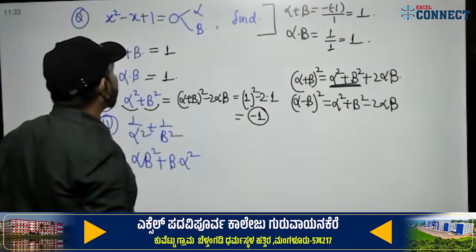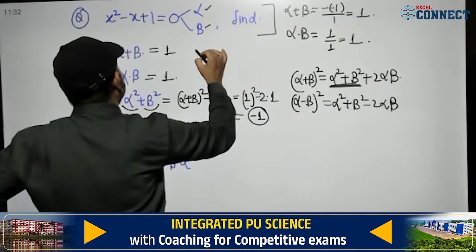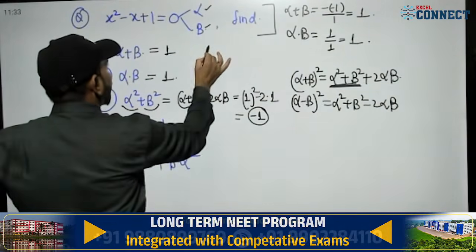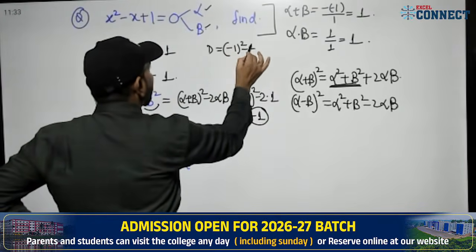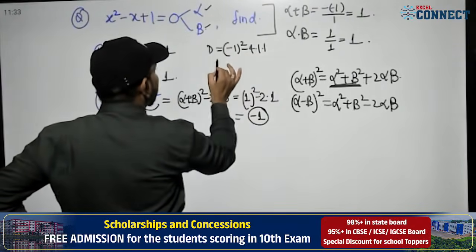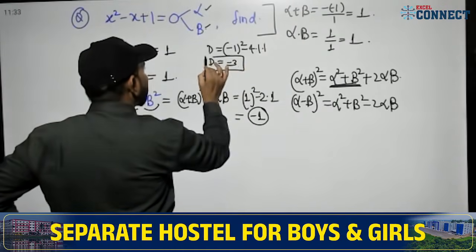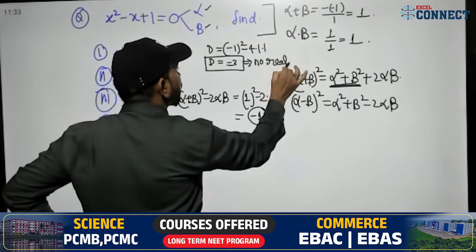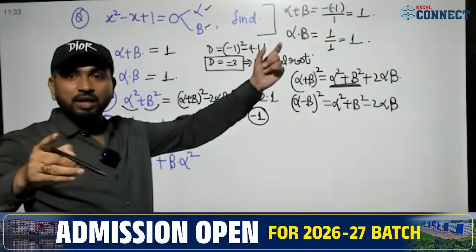Actually, the reason for this is that I am giving the roots alpha and beta, and this equation actually has no real roots. If you find d, d is equal to minus 1 whole square minus 4 into 1. It means d is equal to minus 3. It means no real roots. In this equation, no real roots are there.